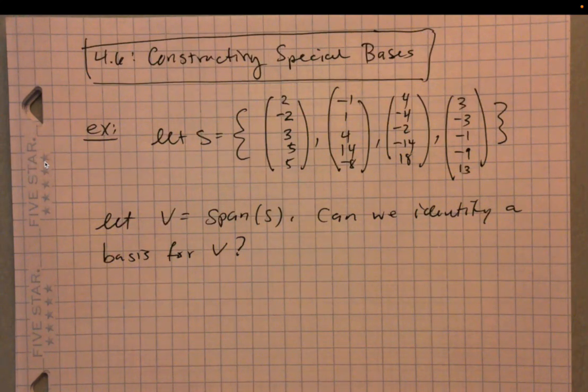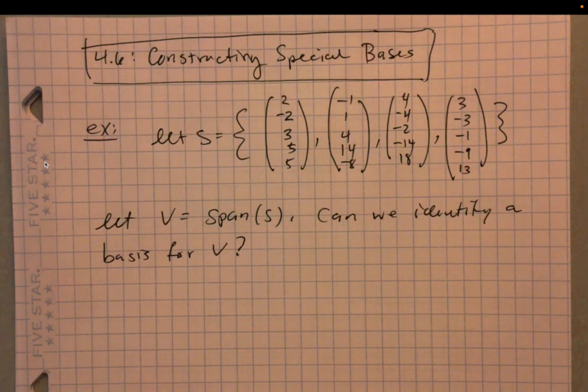One way to identify a basis would be to start removing vectors from S that are linearly dependent. We could spend some time trying to do that, but there's a lot of guess and check. There may be other methods to do it more systematically.